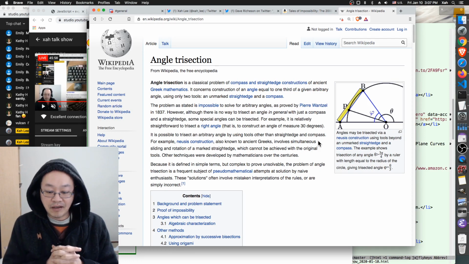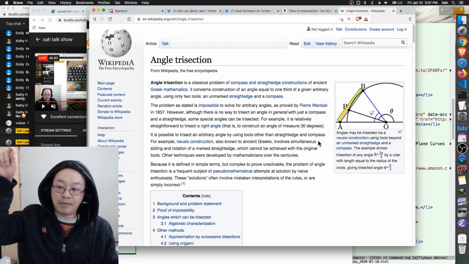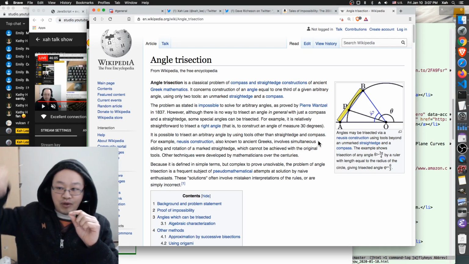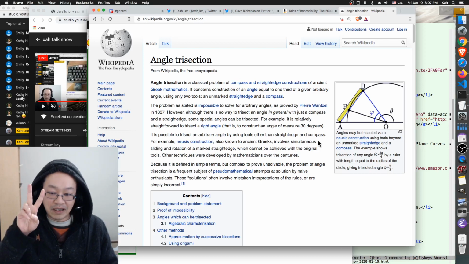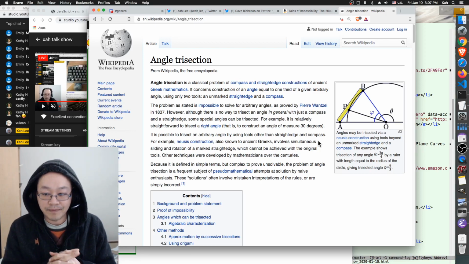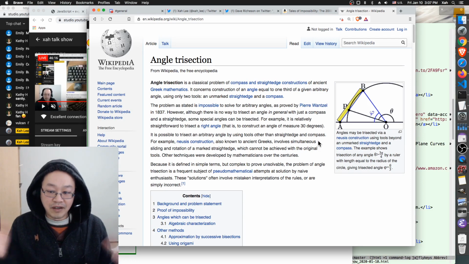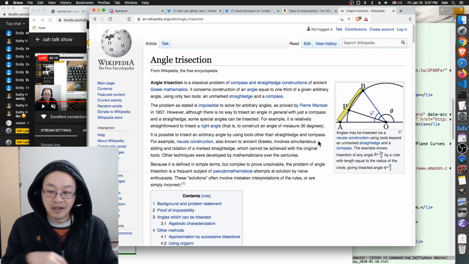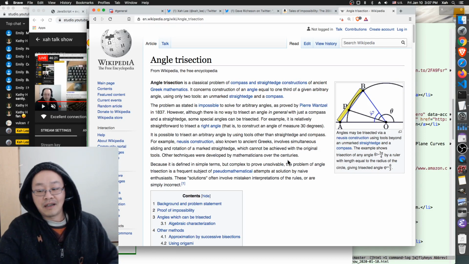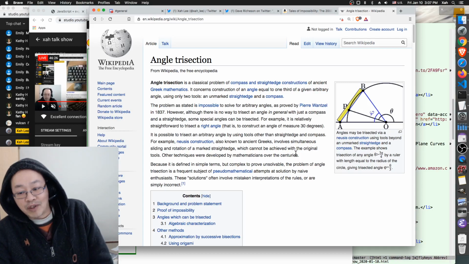You can also have a compass: given 2 points, you can draw a circle centered on one of the points. These two things are the only things you are allowed to do. So using these two tools, your task is to trisect the angle. That is the problem, trisecting the angle.